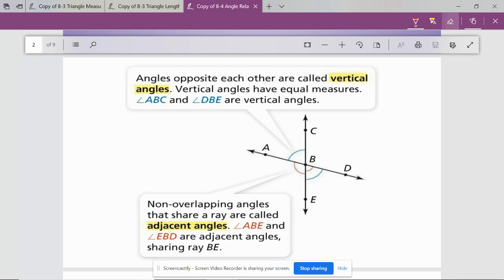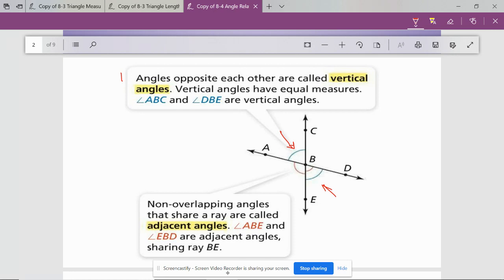So we're talking about angles, and let's talk about number one here. Angles opposite each other are called vertical angles. So this angle and this angle are opposite each other. So those are called vertical angles. Vertical angles have equal measures.